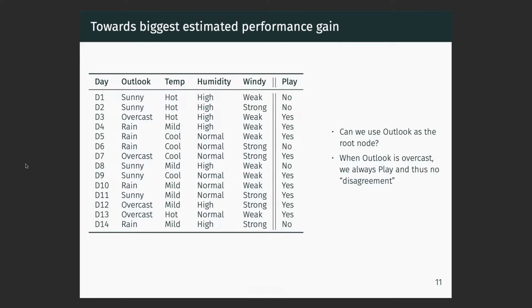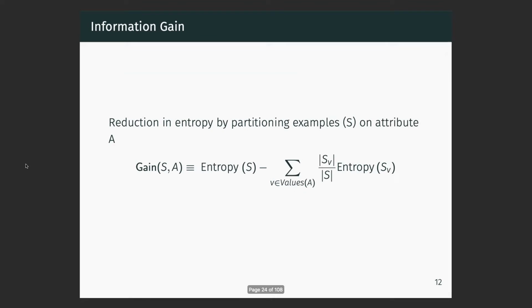You could pick outlook, temperature, humidity, or wind. So A is the set of these 4 attributes, and S is the set of these 14 examples. The information gain on S, when you're splitting on an attribute A, is given by the entropy of S.